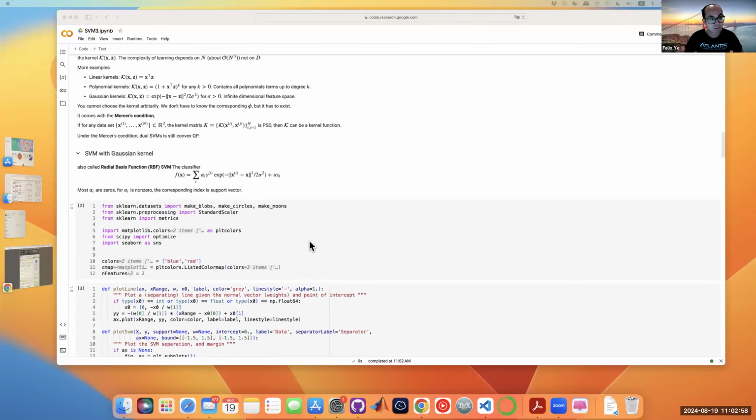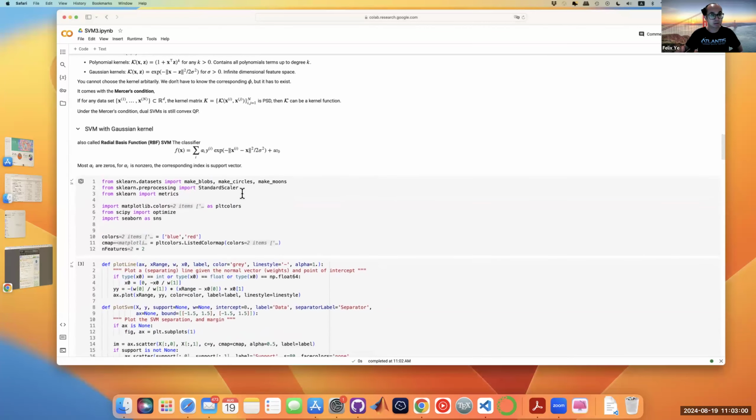Go back to the screen. Right here, we're using SVM with the Gaussian kernel. In this case, I'm adding an intercept as well, right? So this is my prediction boundary, the decision boundary.